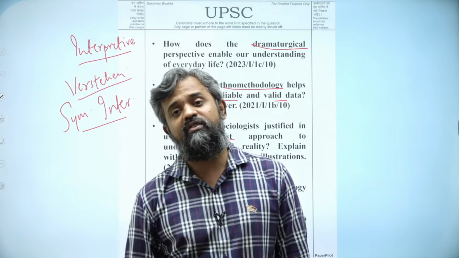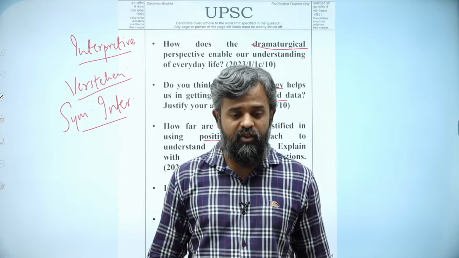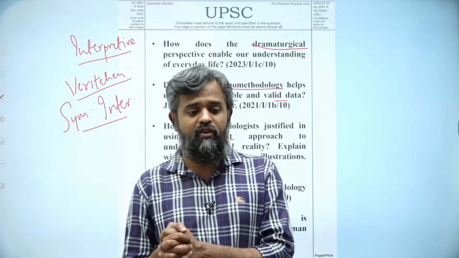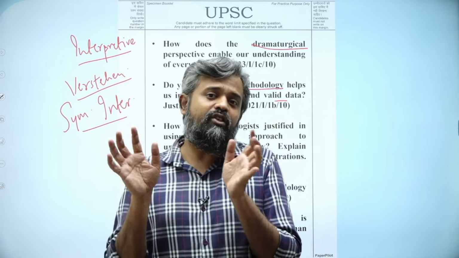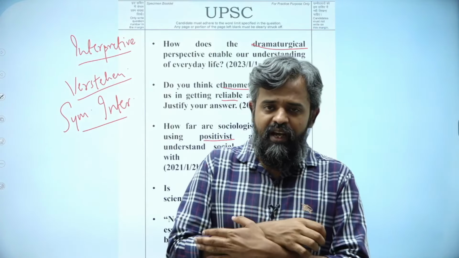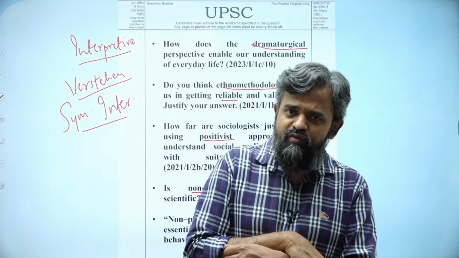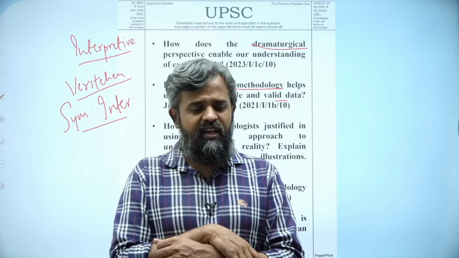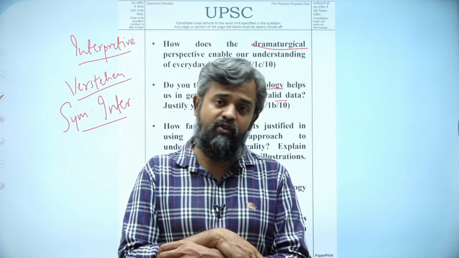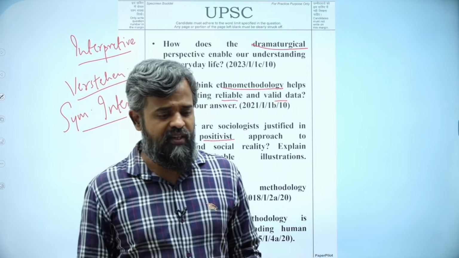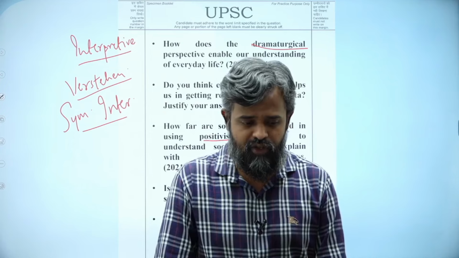Symbolic interactionism is a social psychological perspective. It helps us understand the meeting ground of sociology and psychology. The unit of analysis in symbolic interactionism is interaction. It tends to focus on small scale interactions in specific social situations. So it's not macro, it is of course micro. It does not get into large scale stuff or large scale social change.